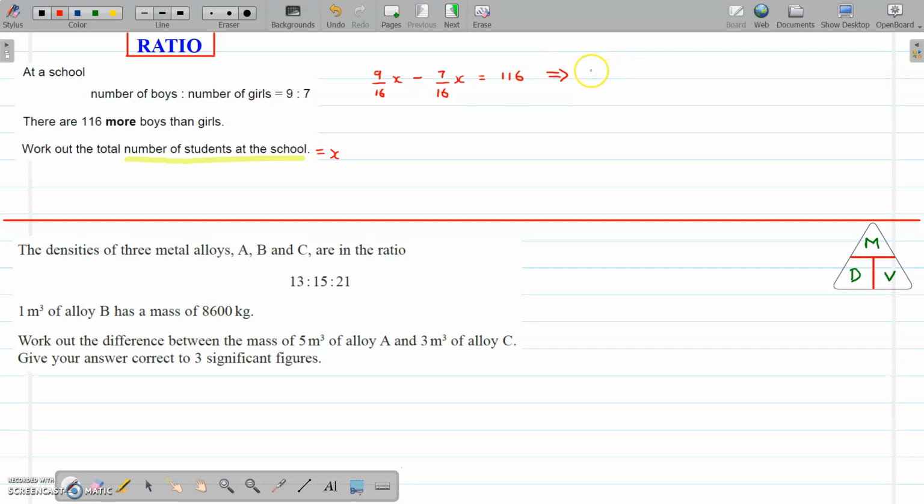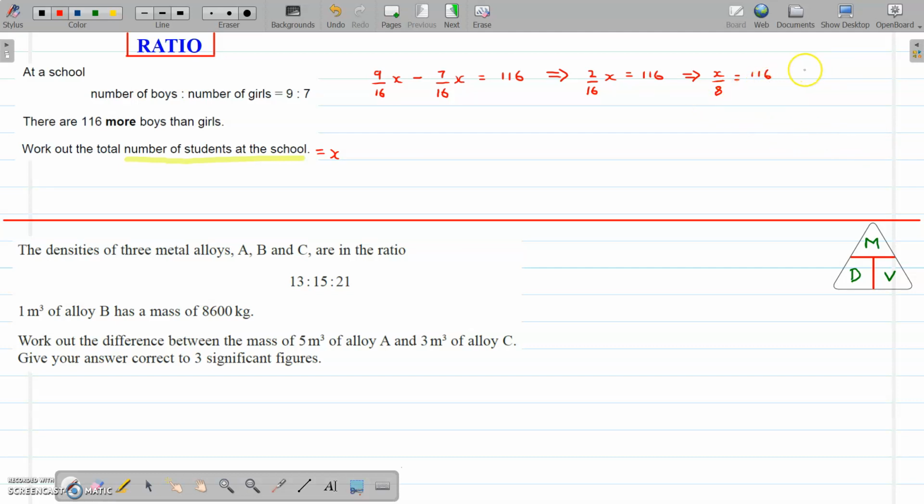So I know that 2/16 of x is equal to 116. And 2/16 of x is also 1/8 of x, so x over 8 equals 116.